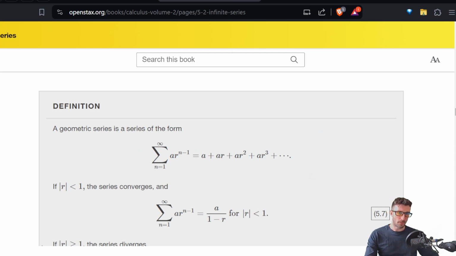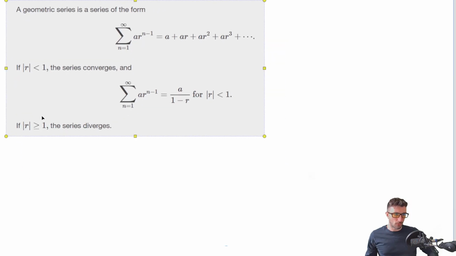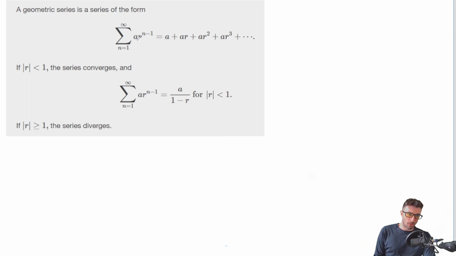We can go to OpenStax here in their Calc 2 textbook, link is in the description, and we can see that they're kind of summarizing this for us. They're saying that a geometric series is a series of the form where you start off with a times r to the n minus 1, and the notation that you could use is a1 here, but you don't really have to.